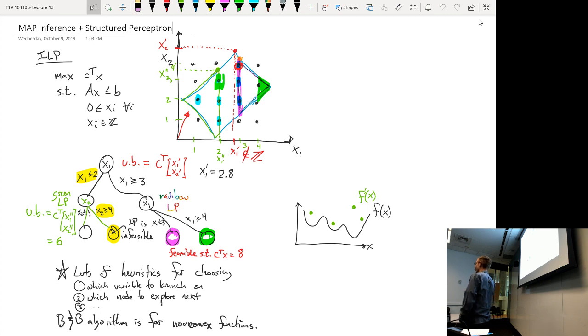It depends. You can also look at not just most fractional, but within the simplex solution, which of the variables was least close to a collection of constraints.